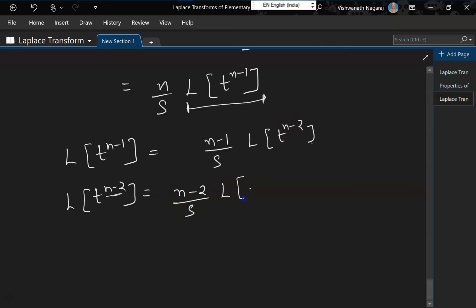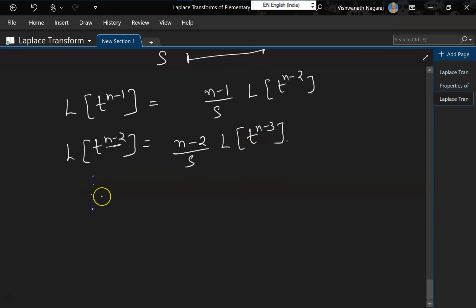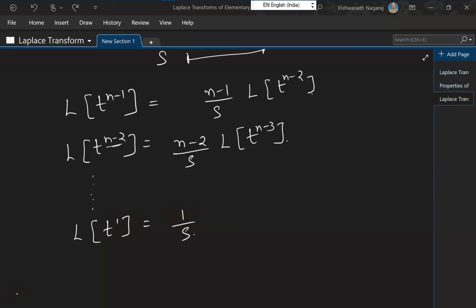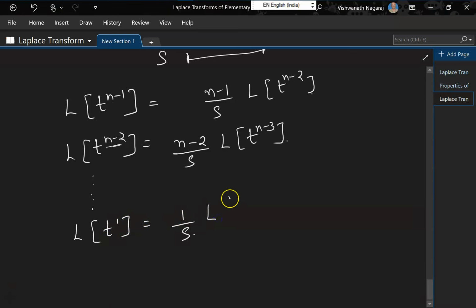Laplace transform of t to the power of n minus 3. Now do you notice n is some value and we keep subtracting it by 1. So as we keep subtracting, finally we will reach Laplace transform of t to the power of 1, which is equal to 1 by s, and finally Laplace of t to the power of 0.